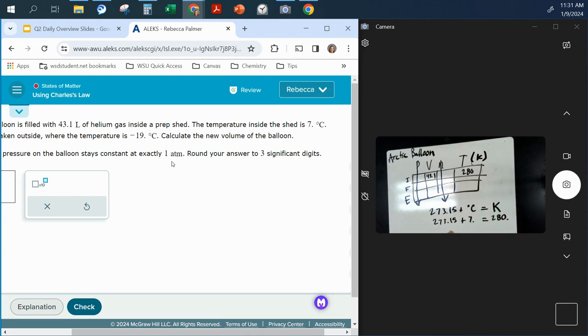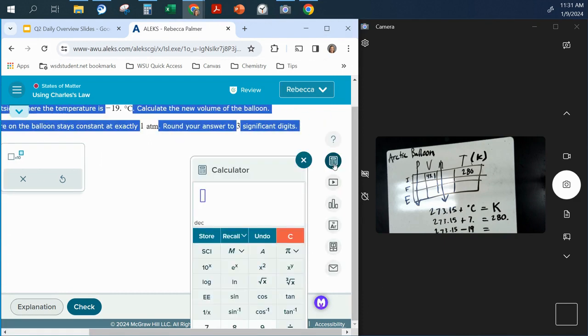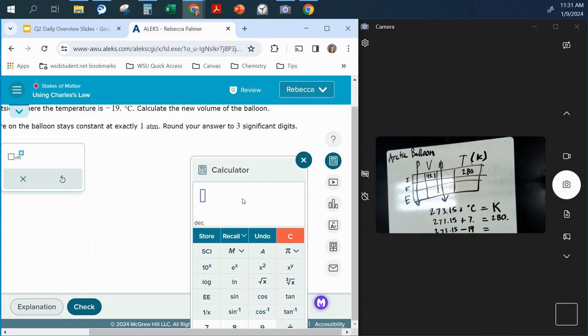All right, the final temperature, we take the balloon outside and it goes down. So 273.15 minus 19. My calculator is going to tell me 273 minus 19 gives us 254, no decimal places.